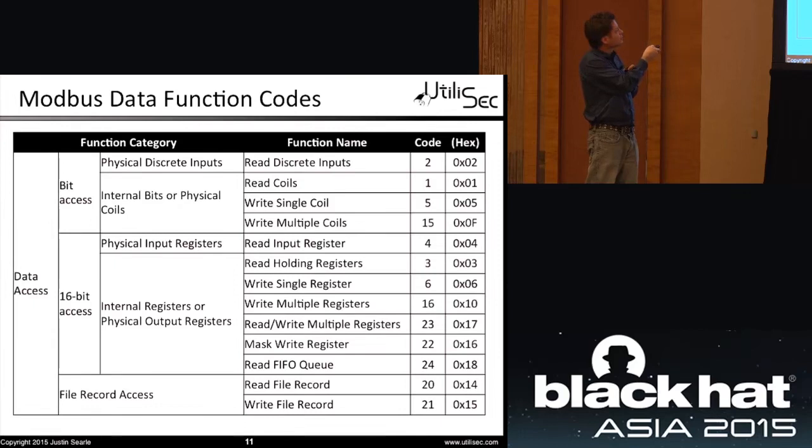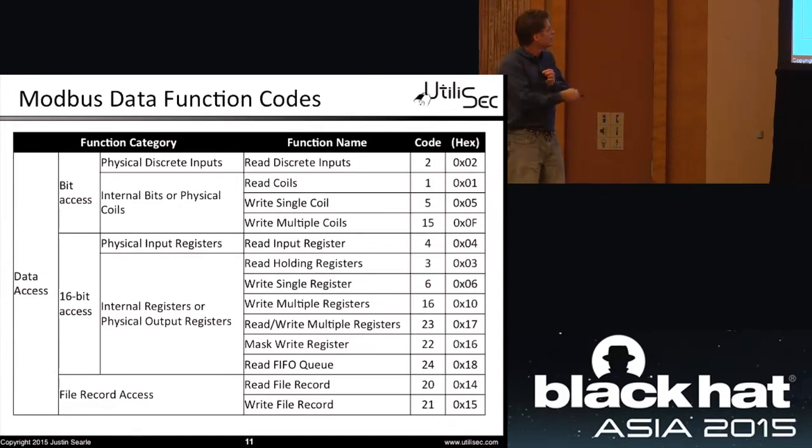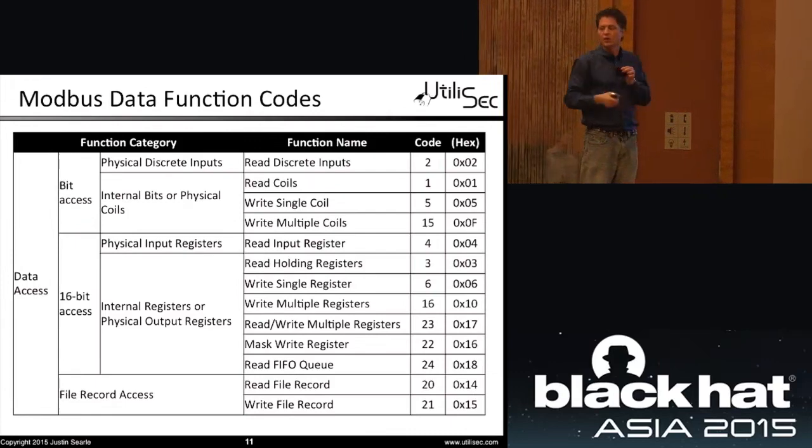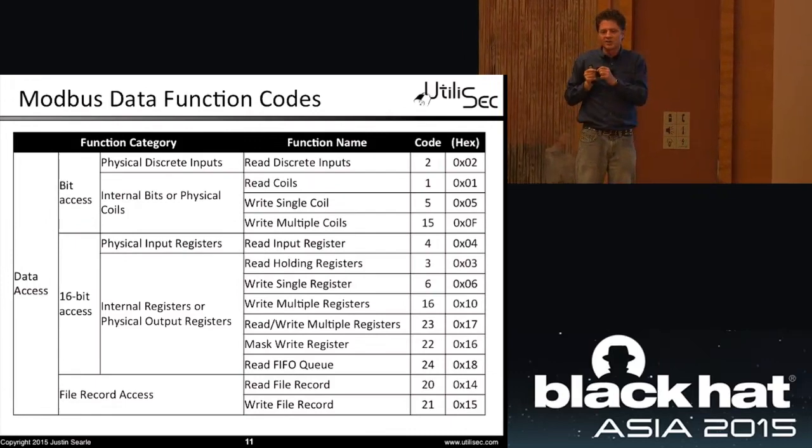When we read, we can read discrete inputs or we can read coils. Discrete inputs basically are the input lines, the digital lines coming into this device. My read coils are going to be my outputs. I can read the current state of what my output is on the PLC. Or I can write to that coil and change what that output value is on that PLC. So I can turn some type of a switch on or off, turn a valve on or off.